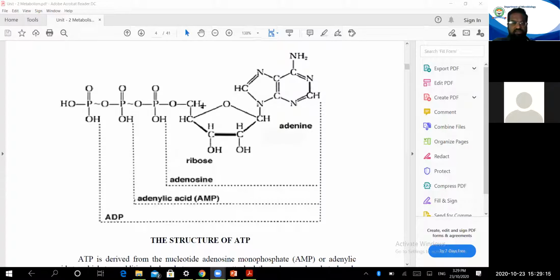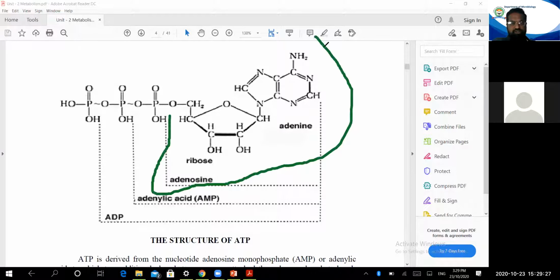If you see this structure, this ribose sugar and this adenine, this dotted line depicts the adenosine. This much portion is the adenosine.